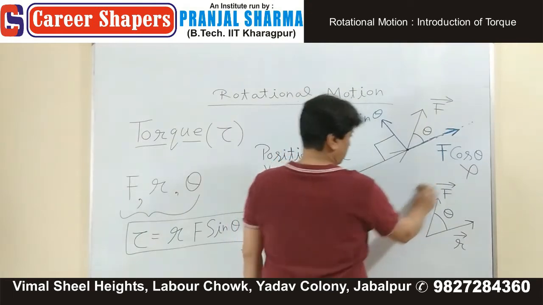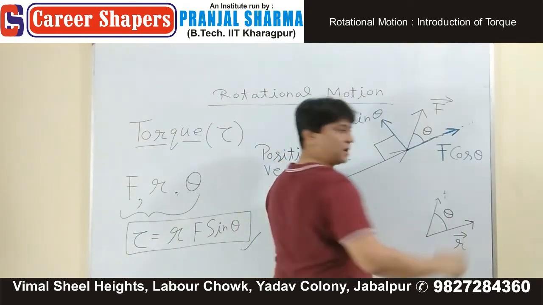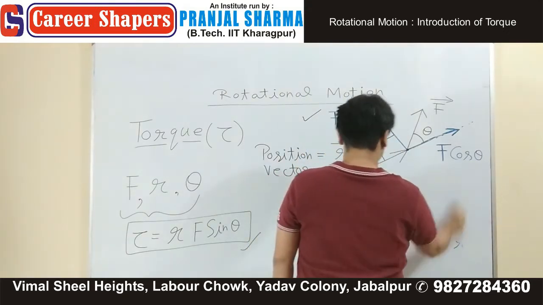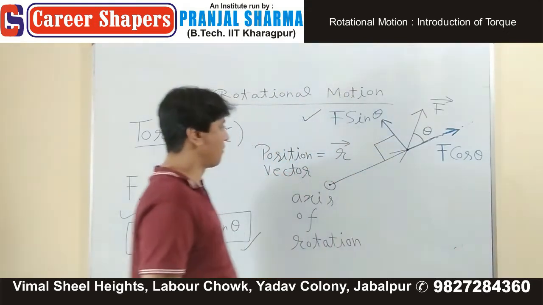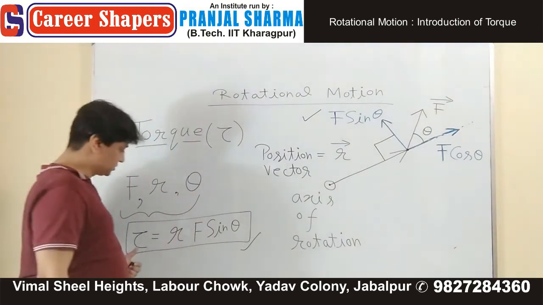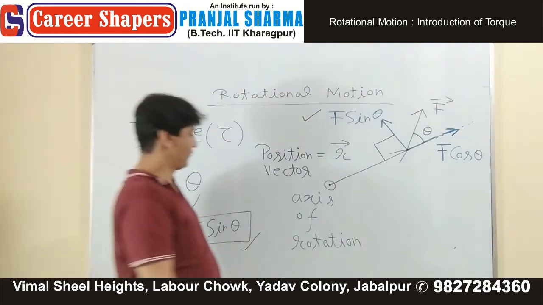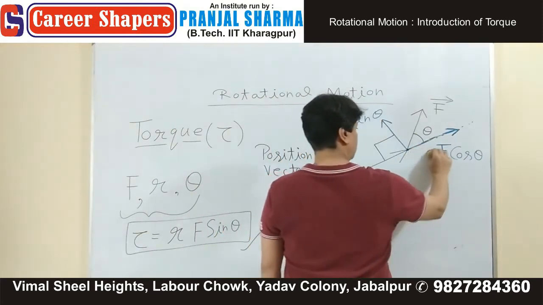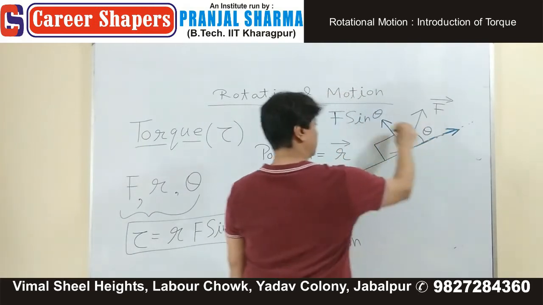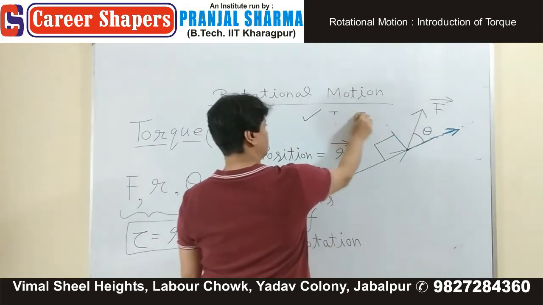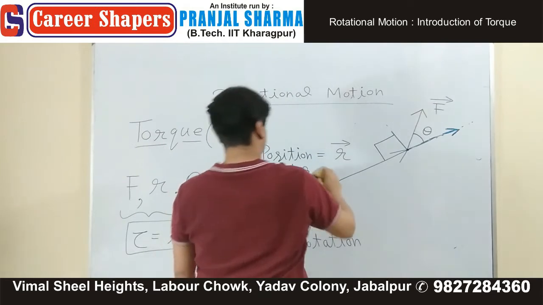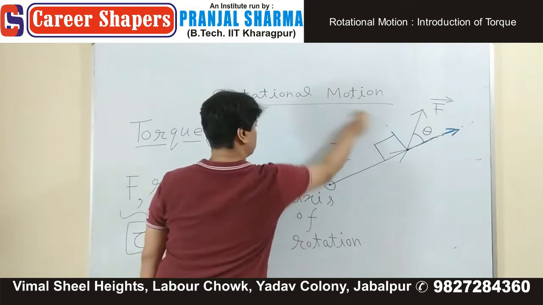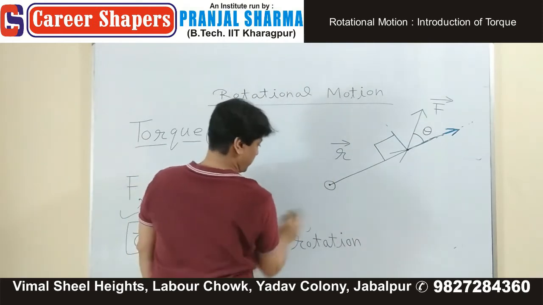Now आप एक अलग फिगर में इस चीज को ड्रॉ करना, मैं यहां पर दिखा रहा हूं. We can remember this RF sin theta in this form. You can draw a separate figure. Remember, this is position, this is your axis of rotation.